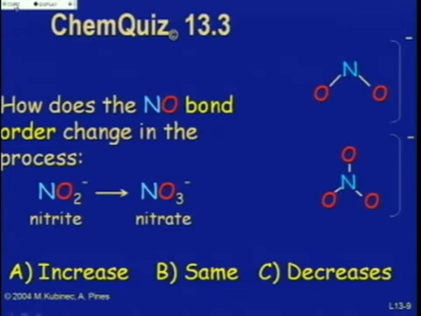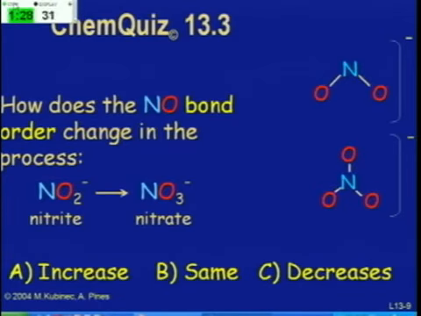Let's vote. We're starting at NO2 minus, ending at NO3 minus. Is my bond order going to increase, decrease, or stay the same?